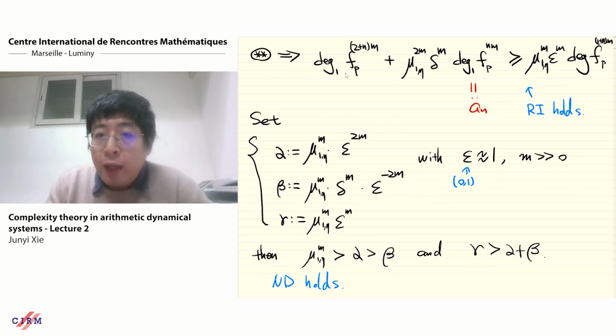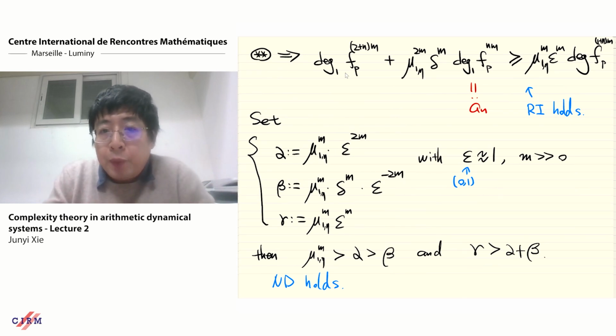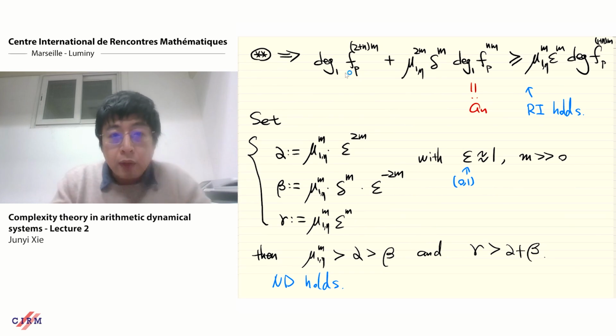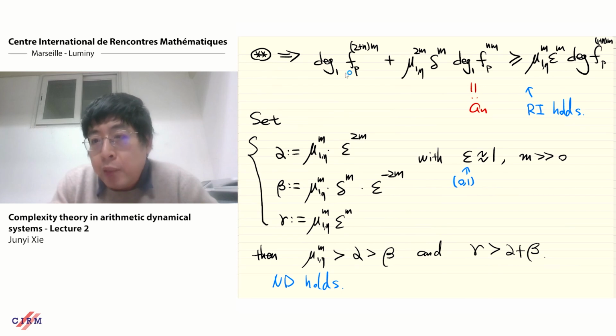Now we define degree 1 of F_p^{Nm} to be A_N. Then we get a recursive inequality on this sequence A_N, and now we want to apply the easy lemma.